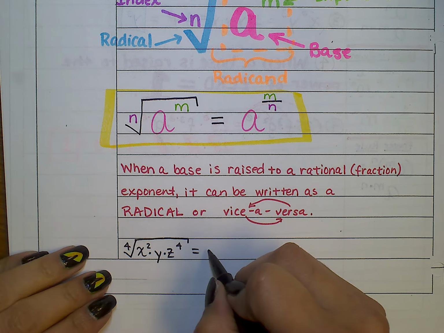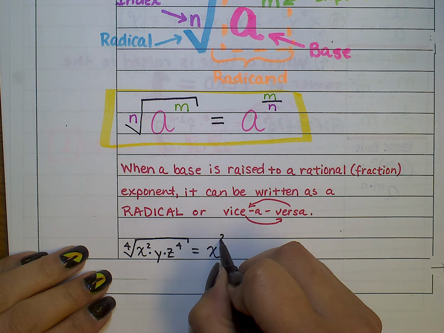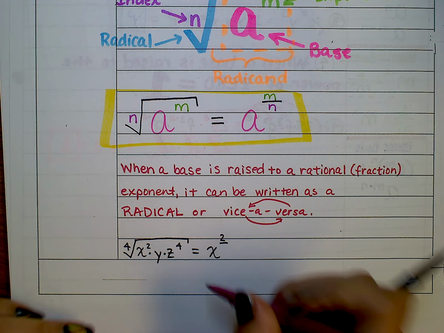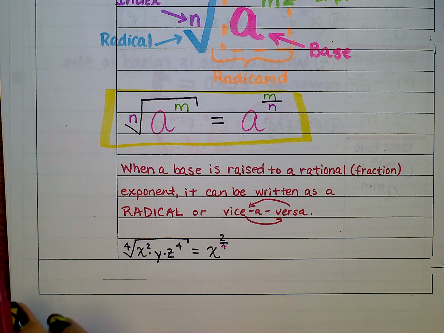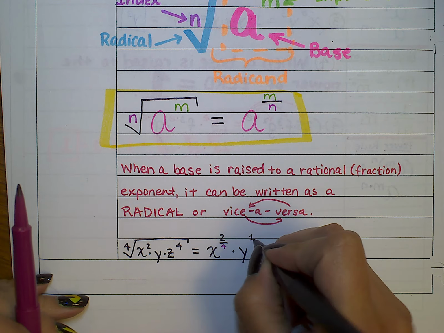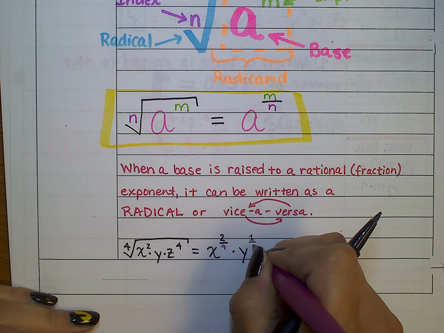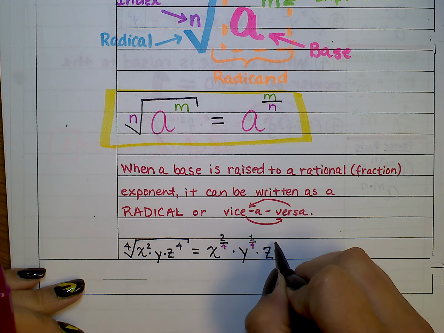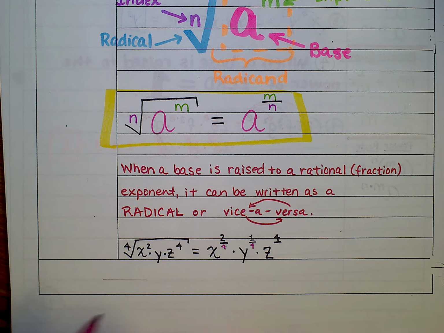So let's go ahead and start by saying x to the power of 2 over 4 times y to the power of, well, technically that's a 1 over 4, and times z to the power of 4 over 4.